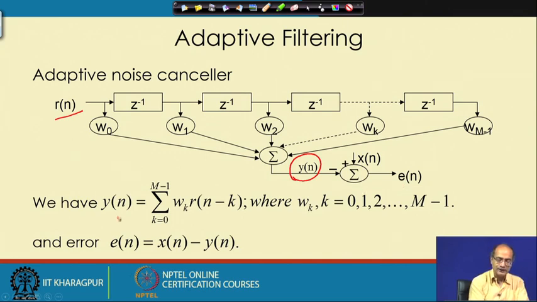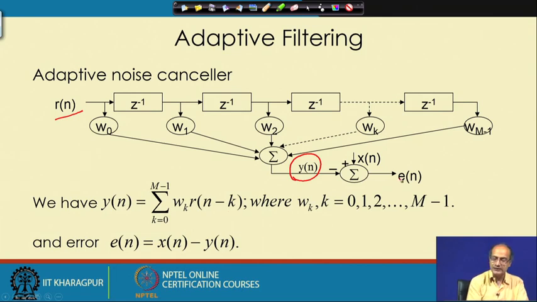So, here Yn is the sum of the present value of the reference as well as the past m minus 1 values of the reference, and Wk is the weight which, if properly tuned, can bring Yn close to the interfering additive noise, that is Mn.